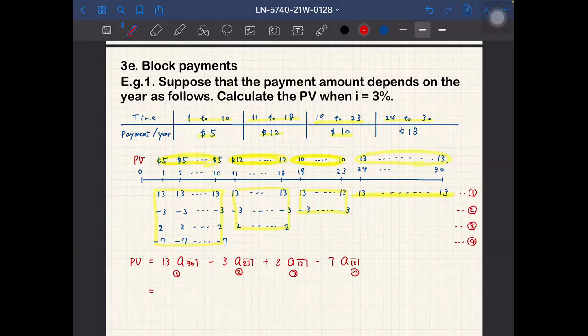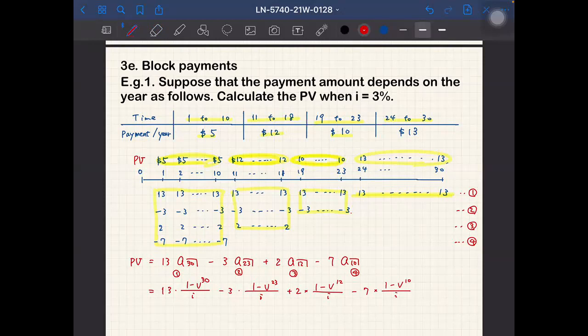If we use the formula, this is 13 times (1 minus v to the 30th power) over i, minus 3 times (1 minus v to the 23rd power) over i, plus 2 times (1 minus v to the 12th) over i, minus 7 times (1 minus v to the 10th) over i.